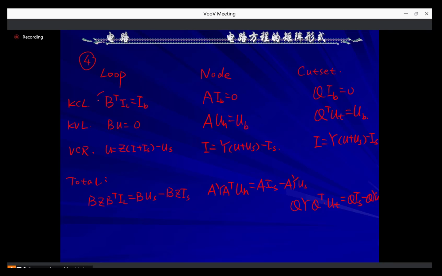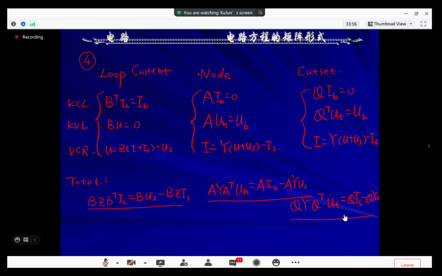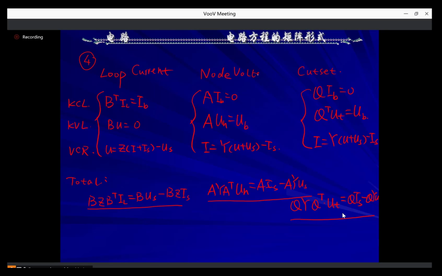So these are the conclusion for these three methods' matrix form: loop current method, node voltage method, and the cut set voltage method.